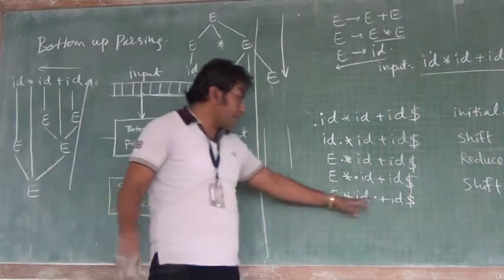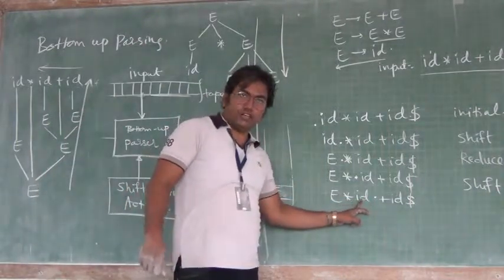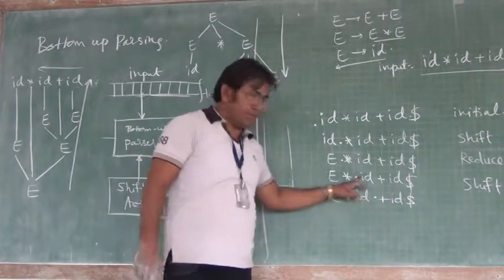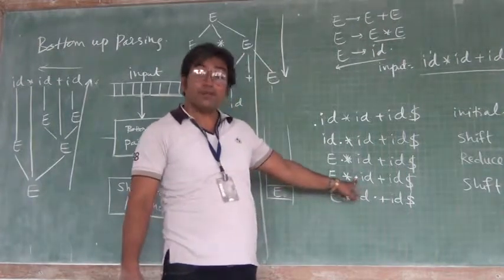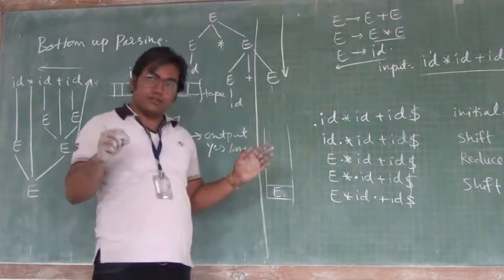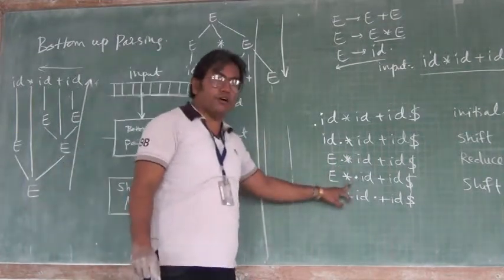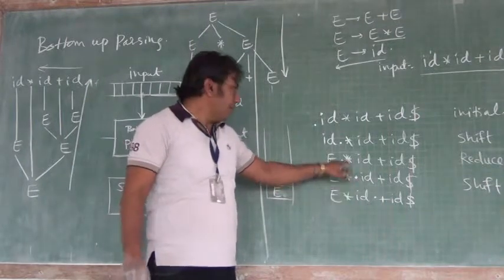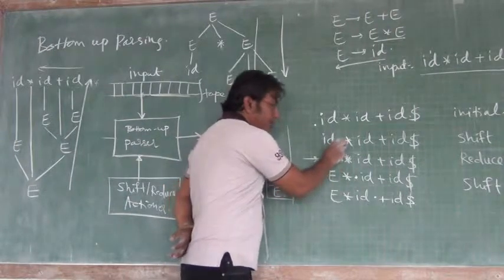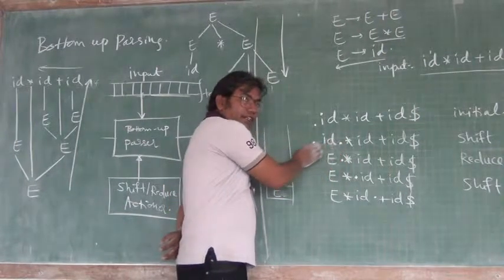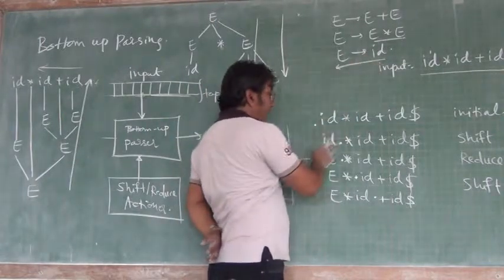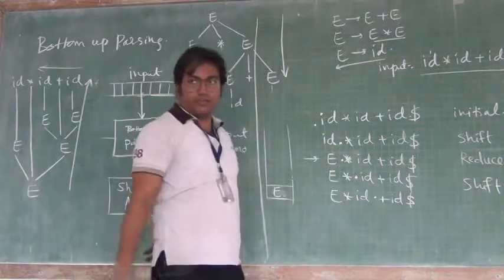So you look at the left hand side of this dot. Here again, in this step, what you need to see every time is whether at the left hand side of the dot there is any pattern or symbol which you can reduce. Look at this step. Dot is here. Look at the left hand side of this dot. ID is there. The ID pattern is there in the right hand side of your production.